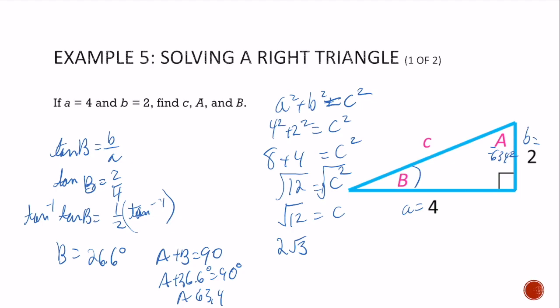I actually made a mistake because 4 squared is not 8, it is 16. Sorry guys, I'm recording this a little later than I normally do. So I have 16 plus 4, square root of 20. Square root of 20 can simplify down to 2 square root of 5. So c is 2 square root of 5. But always remember to simplify your radicals. It's really, really important.